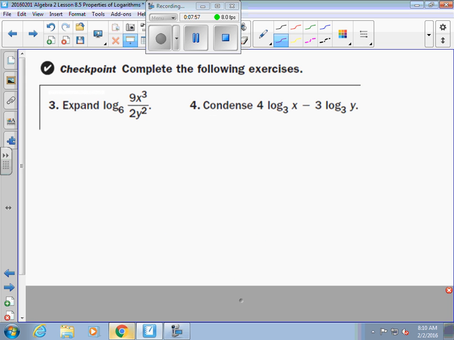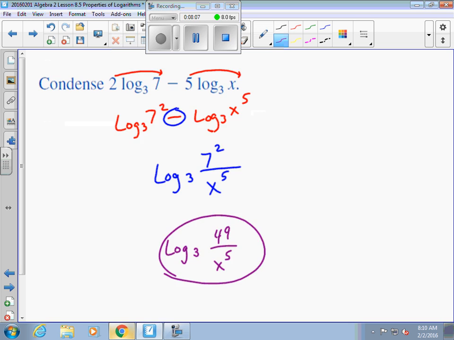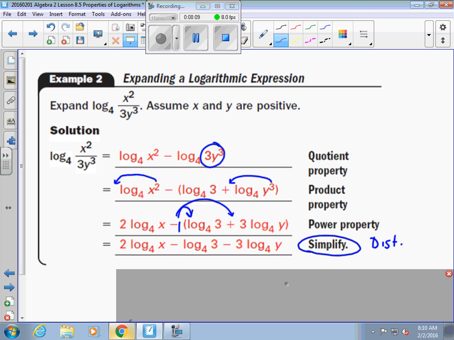Okay, this first one, number 3 on the checkpoint, tells us to expand this one. So we're making something very short into something very long. Remember, we want to work backwards through this. If you go back to your example that we did when we expanded it, the first thing we did is we took away the division, then we took away the multiplication and division from that.